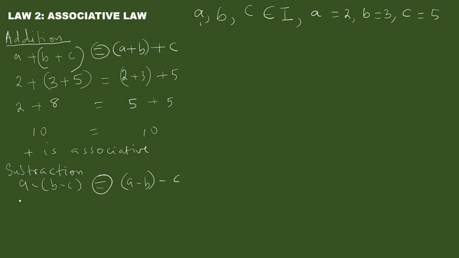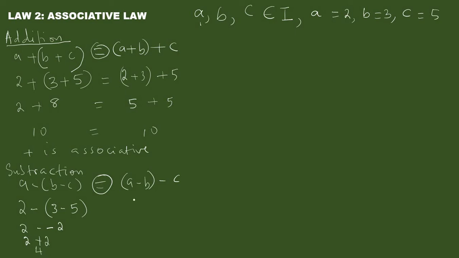So this will be 2 minus, open the bracket, 3 minus 5. Start with the bracket: I have 2 minus minus 2, and that gives me 2 plus 2, which is 4.